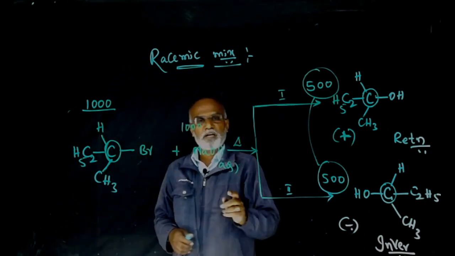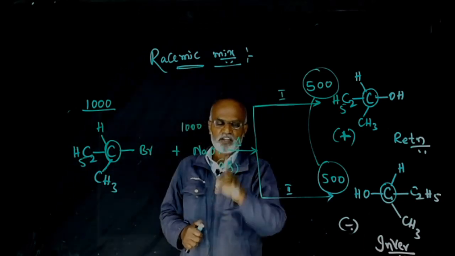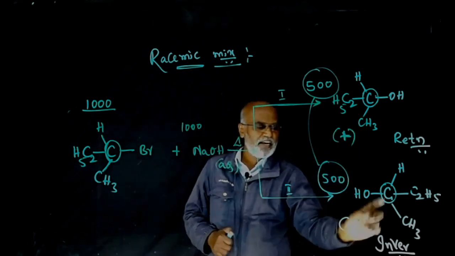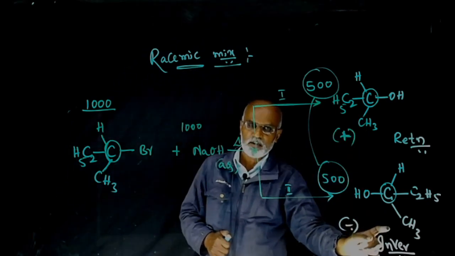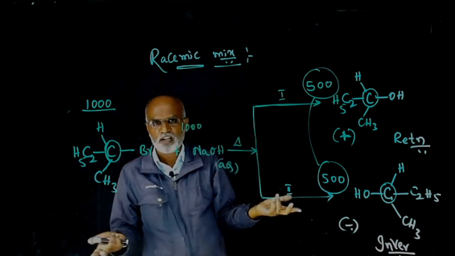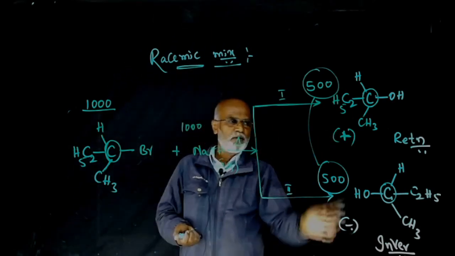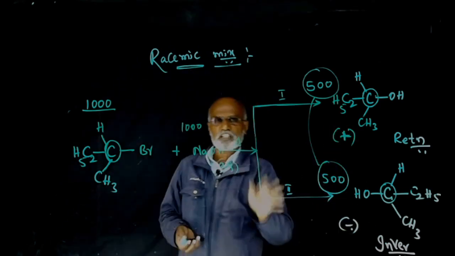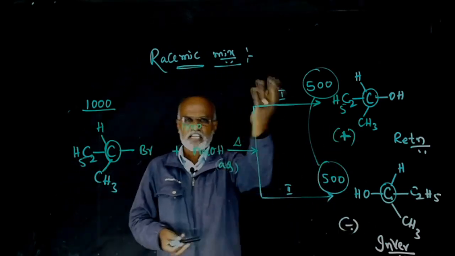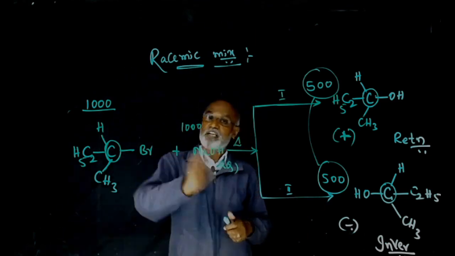So a definition, let me repeat once again: a mixture containing equimolar quantities of both plus and minus isomers of a compound which is optically inactive is called racemic mixture. Racemic mixture is optically inactive due to external compensation.